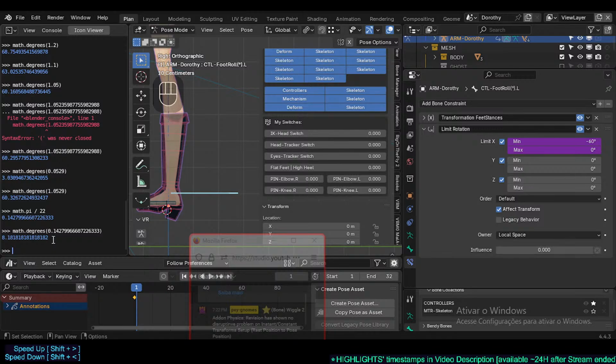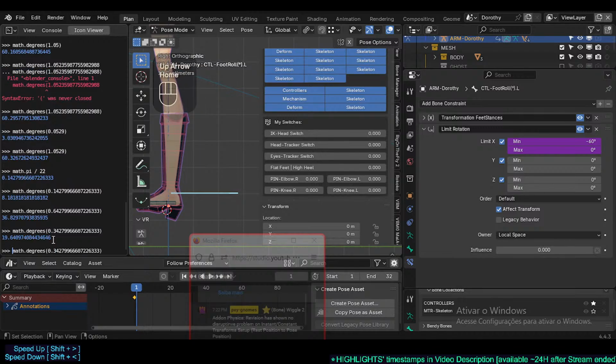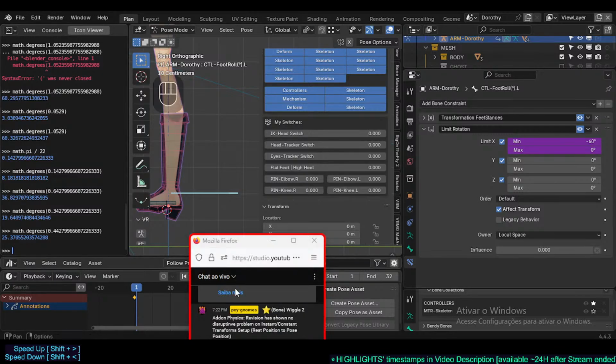Maybe I need to add, I don't know what I need to add here. I added half. No. Let's go to the internet.